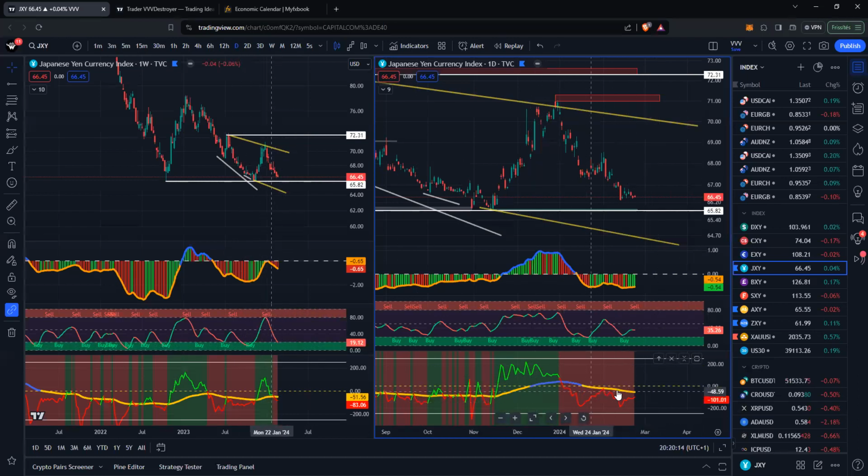Okay, this is my point of view. We already have the sell signal. This is red, so this is in green, but I'm still expecting something from the XY.